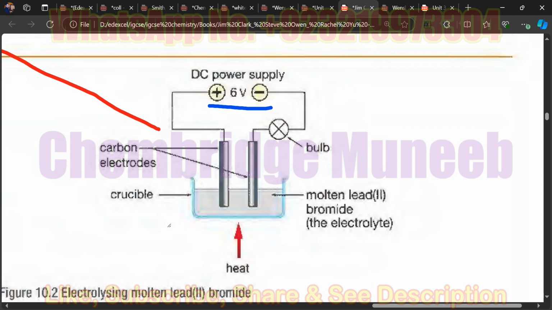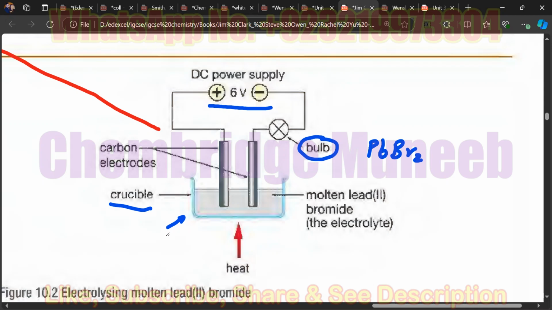We have this container, a crucible, and the electrolyte used here is molten lead bromide, which is PbBr2. Lead bromide is an electrolyte, and what do you expect is the purpose of this bulb?